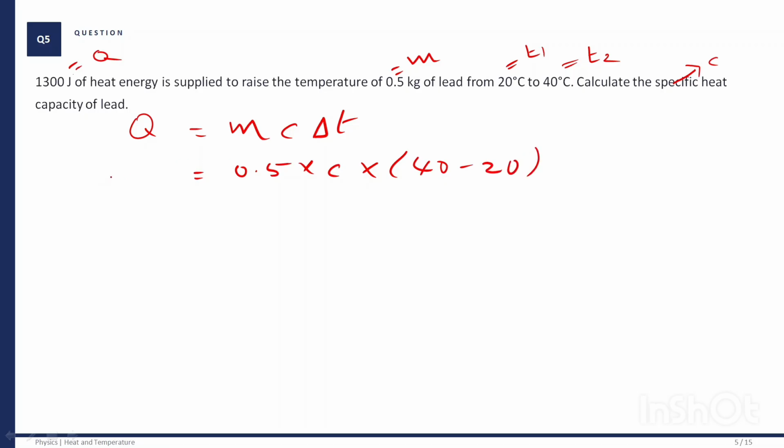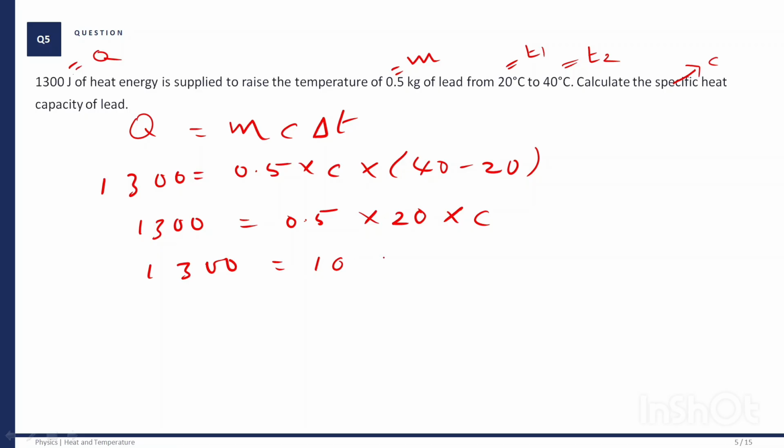What is the heat energy given? 1300. Then 1300 equal to 0.5 into 20 into C. If we multiply 0.5 into 20, we get 10 into C. The 0 on both sides will get cancelled.